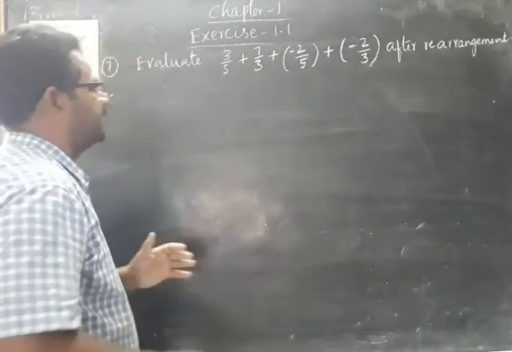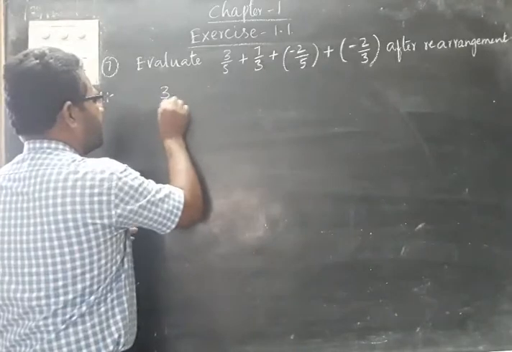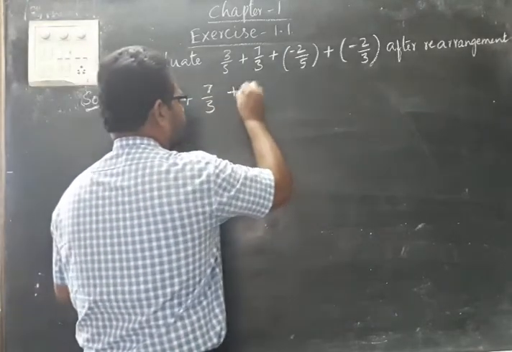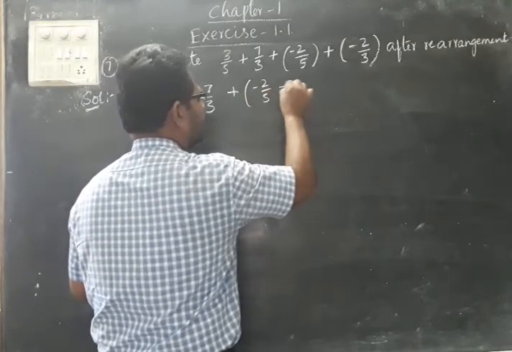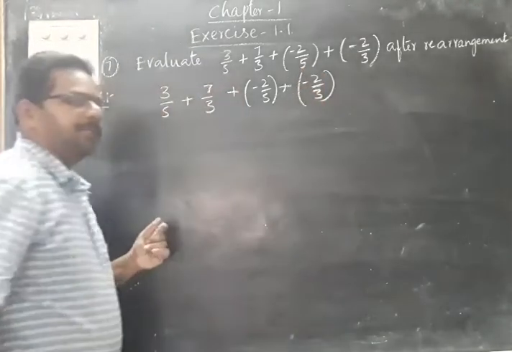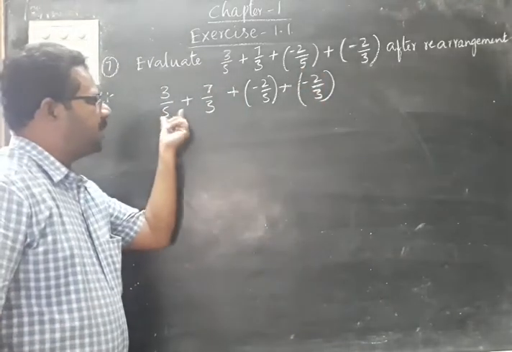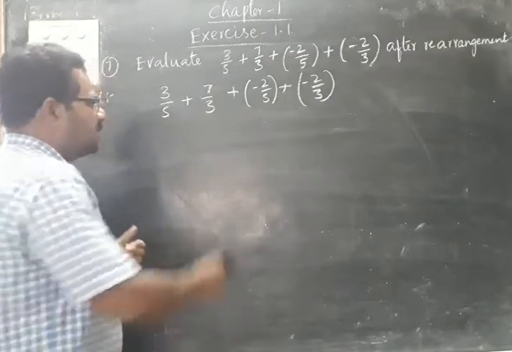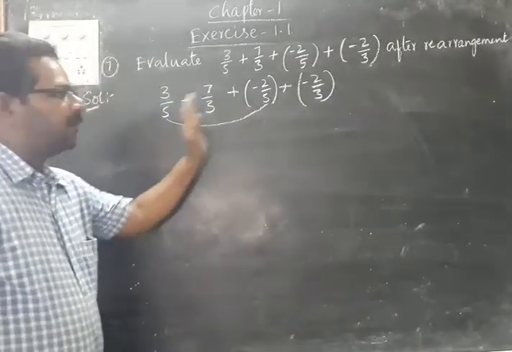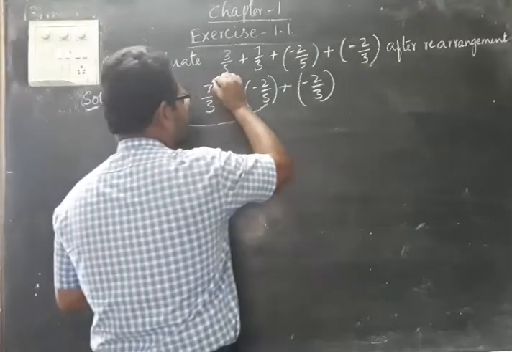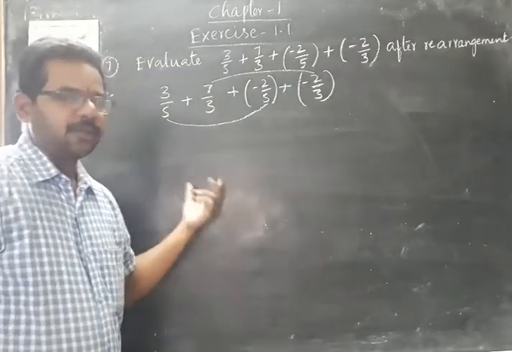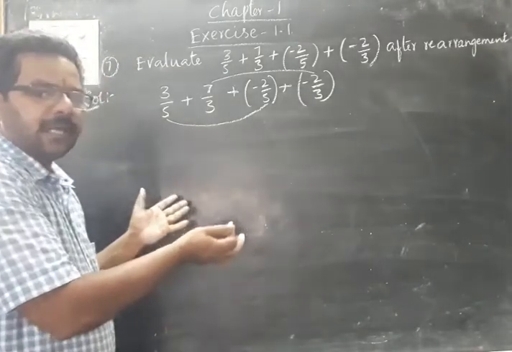If you observe the denominators, only 5 and 3 are the denominators. So this rational number is linked with this one, and this one is linked with this one. It is very easy for us to find the products and LCM also.